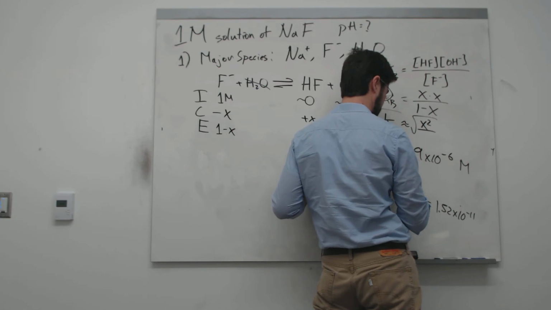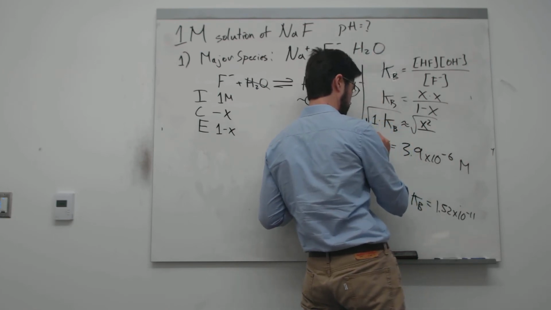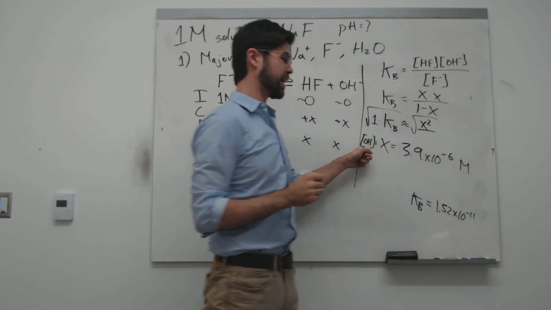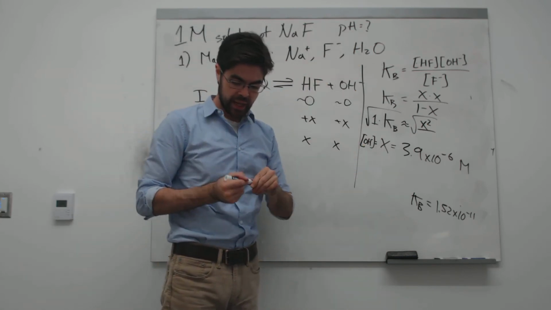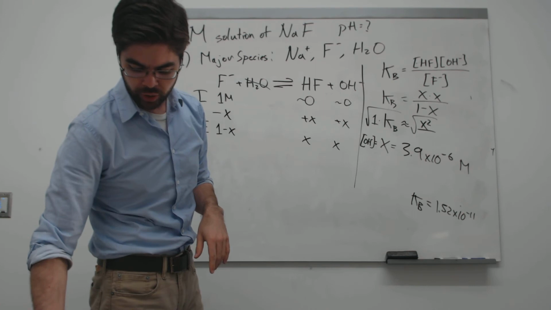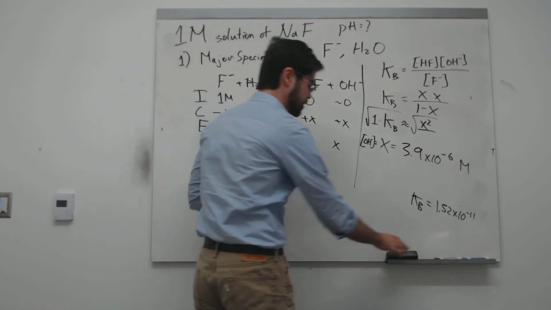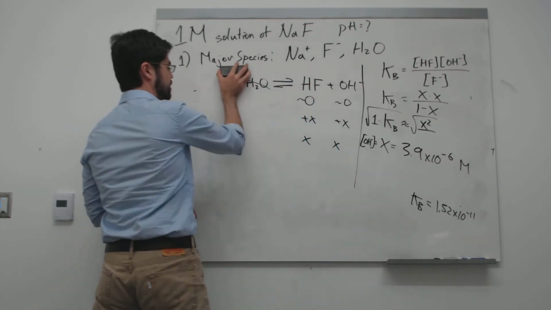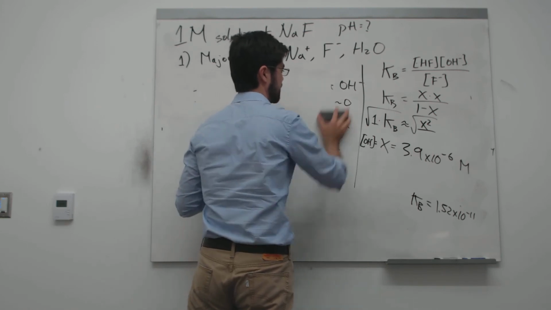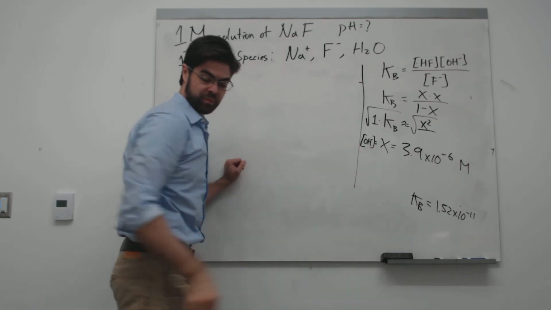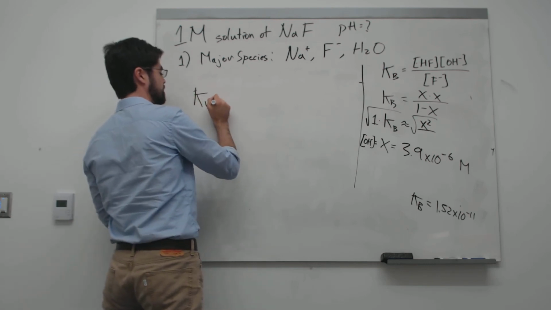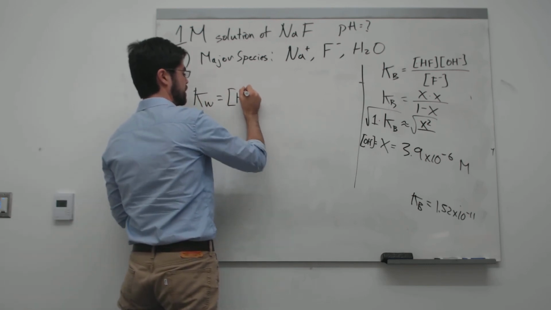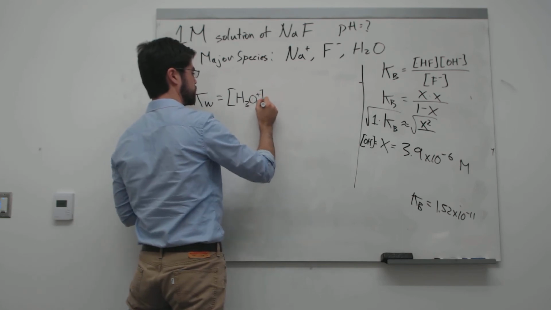And that again is my hydroxide ion concentration. The question is, what's the pH? To get the pH, we will need to know the hydronium concentration. As I just argued, the hydronium concentration is determined in turn by the hydroxide concentration, because the autoionization of water tells us that they should be inversely proportional to each other.